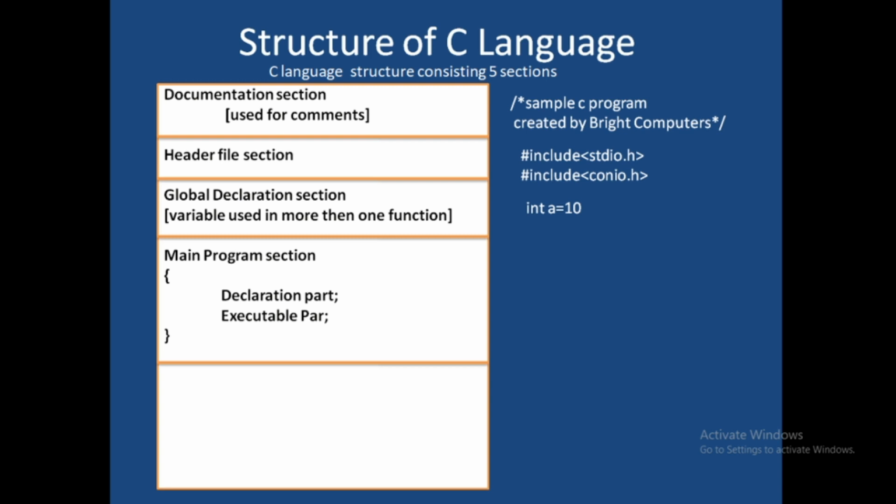After this we write the executable statements. In this program, clrscr, printf, the function call and getch are the executable statements, and in the declaration part I did not declare any variable. So the main program section is the starting point to execute the C program.